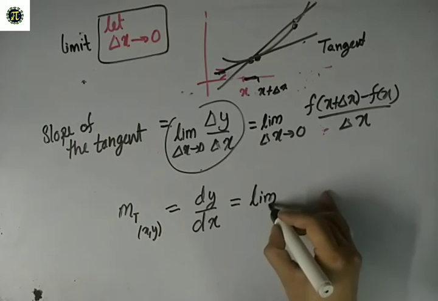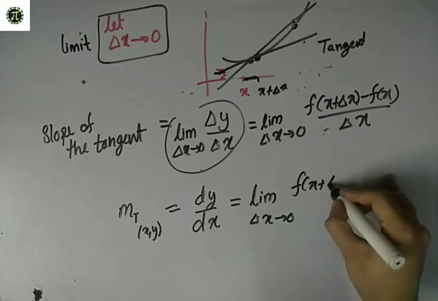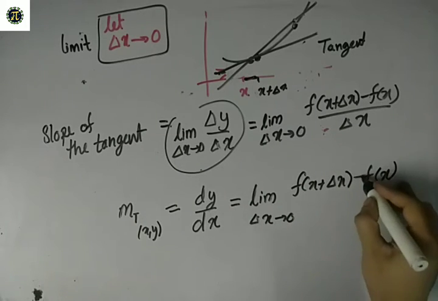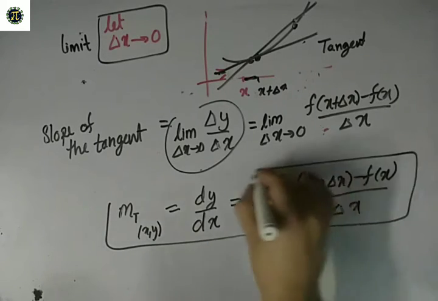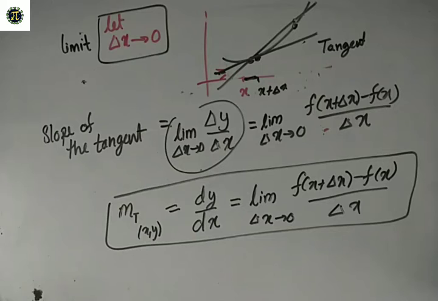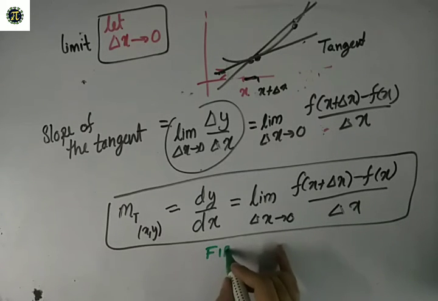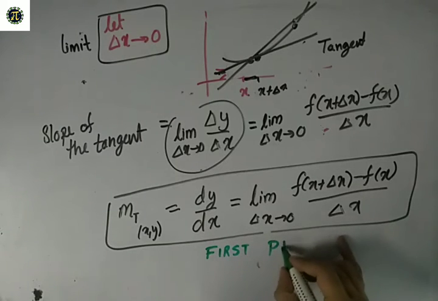This is equal to limit delta x tending to 0 of f of x plus delta x minus f of x upon delta x. So this is the definition of differentiation, and this is also called the first principle.